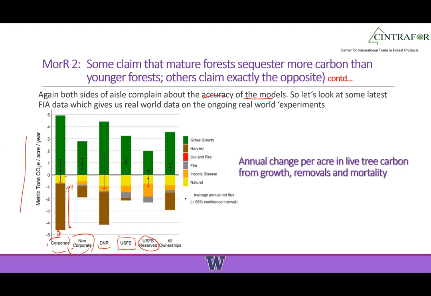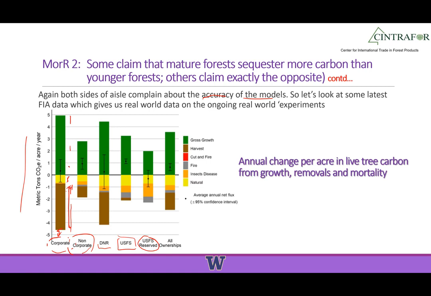This is getting emitted into the atmosphere, either dying, decaying, or burning, and the rest goes into wood products. Even if we burn all of the wood products down, it's still not increasing the abundance of CO2 in the atmosphere in that particular year, because we have sequestered more in that year.